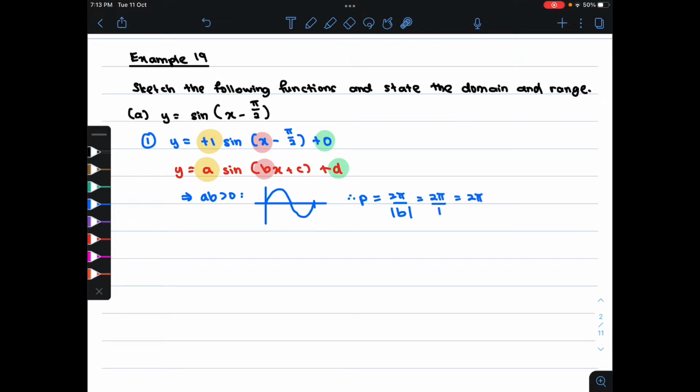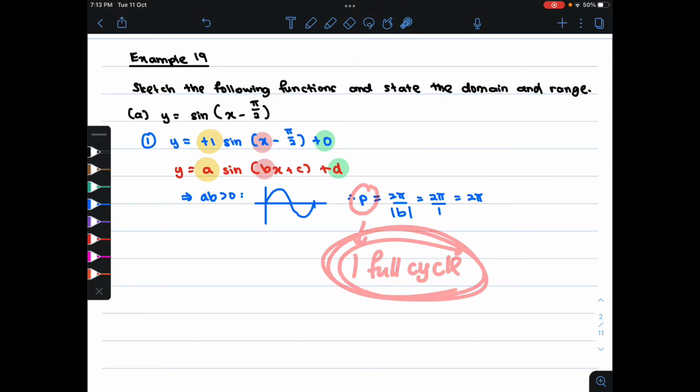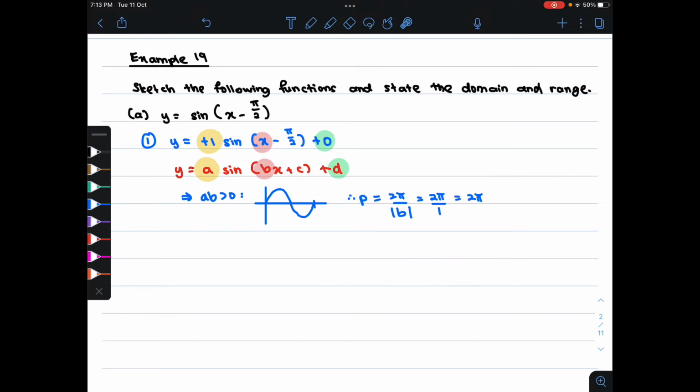So what does period, which is equal to 2 pi, mean? Note that period is for one full cycle. One full cycle means that if you try to combine this line of your function here, it should make a full cycle, a full circle.